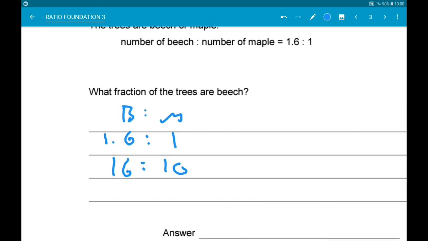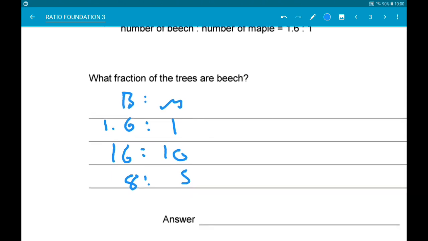So we can simplify that to 8 to 5. So we want to know what fraction of the trees are beech. So altogether, this simplified ratio has 13 parts. 8 of those parts are beech, so it's 8 out of 13.